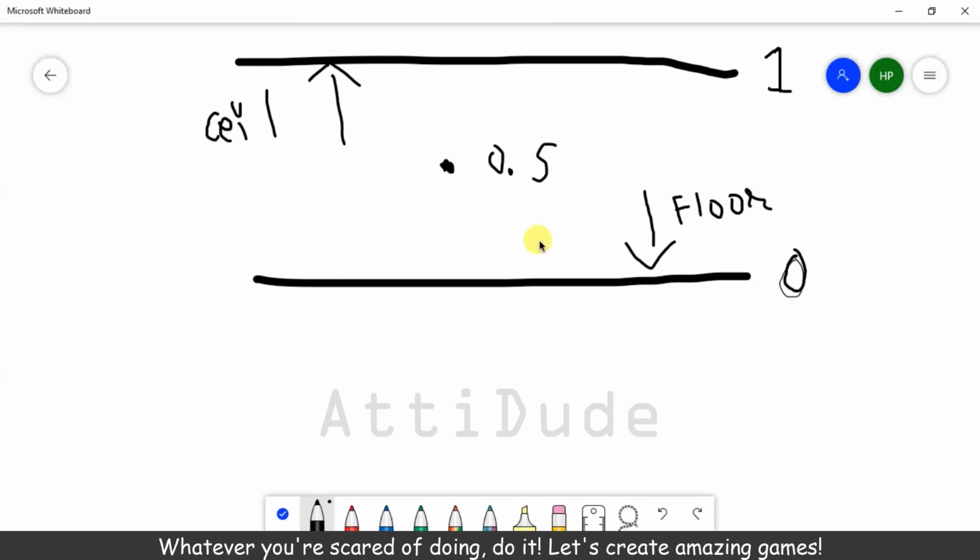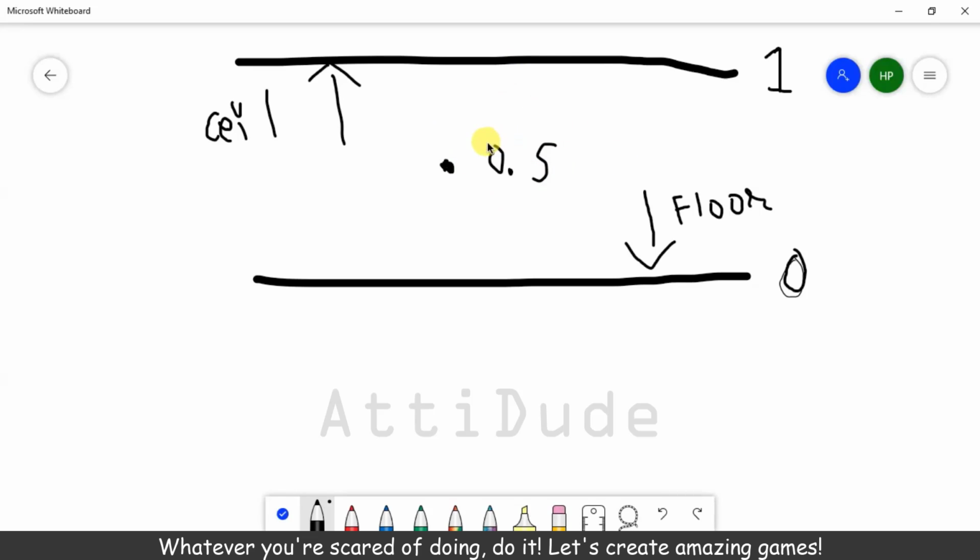Ceil. And if we have rounding, then it will round off accordingly. If it is greater than 0.5 or if it is 0.5, then it will ceil. If it is less than 0.5 of that number, then it will just do floor.